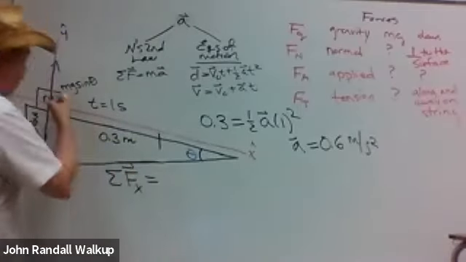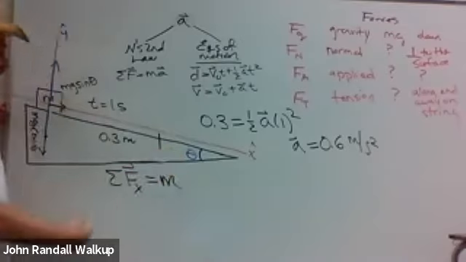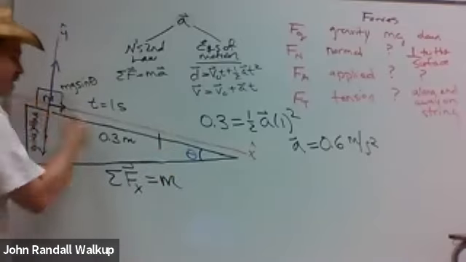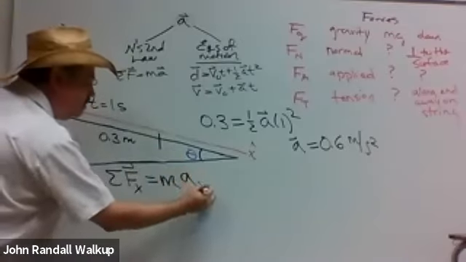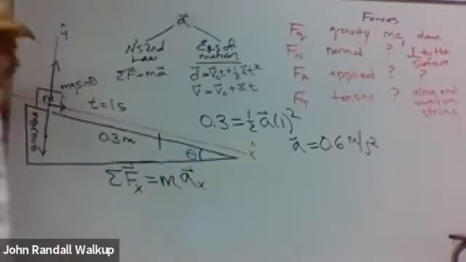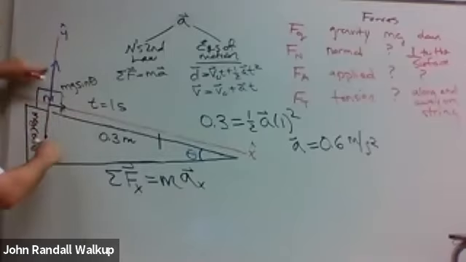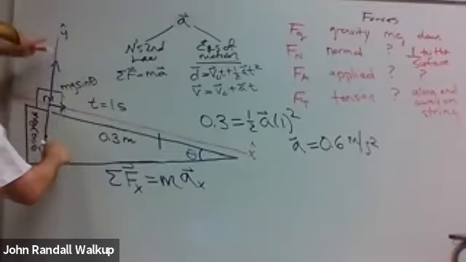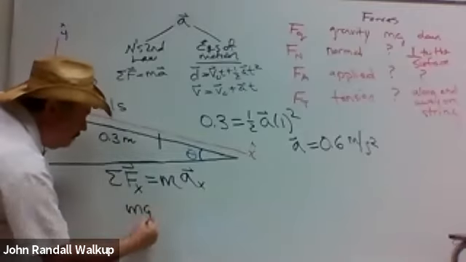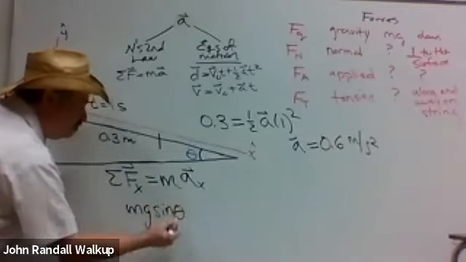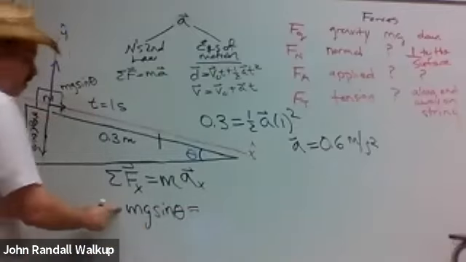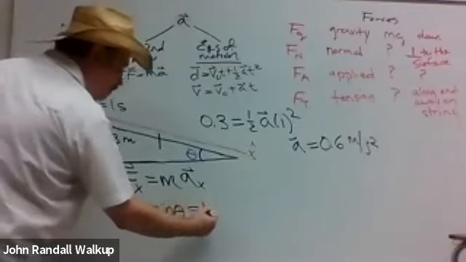We'll set that equal to the mass of the body times the acceleration along the x direction, which we already know. What are the forces that act along the x direction? There's only one. You think, well, what about this one? What about that one? Those don't act along the x direction, they act along the y direction. This is the only x one. It's mg sine theta. And it's the only force, so it is the vector sum.